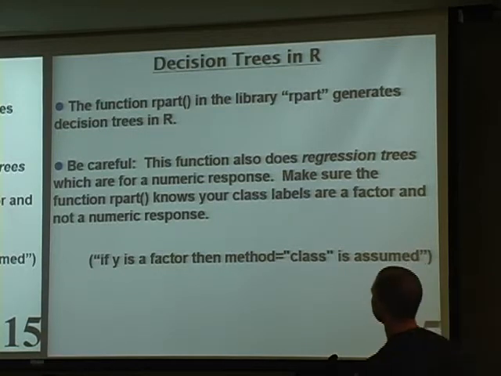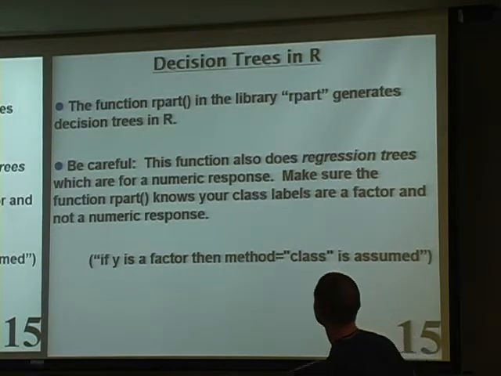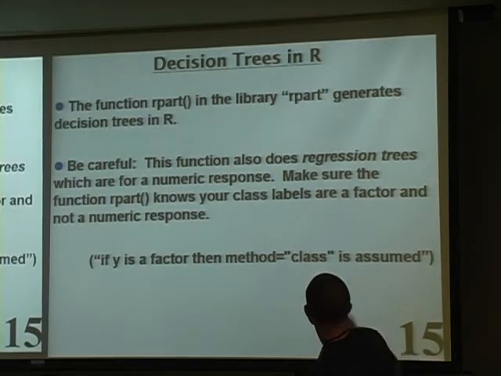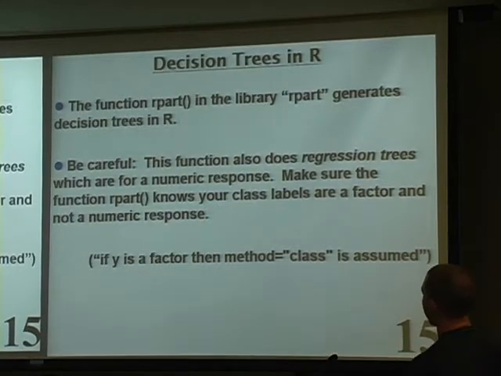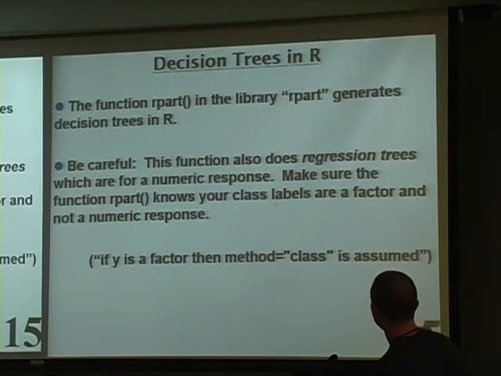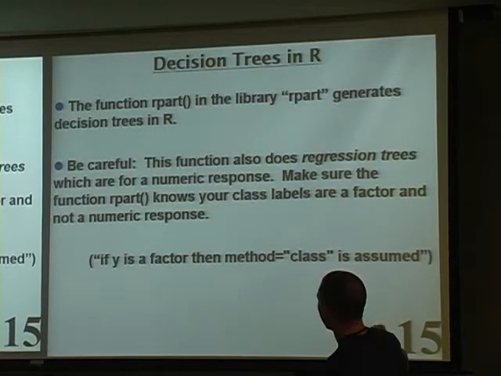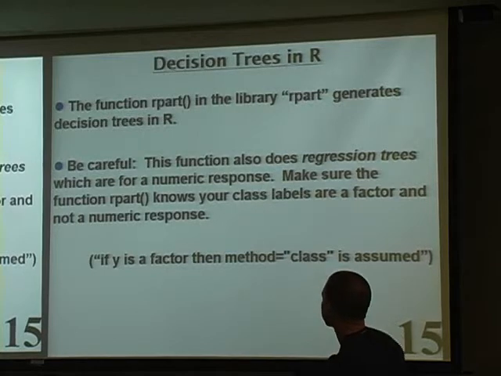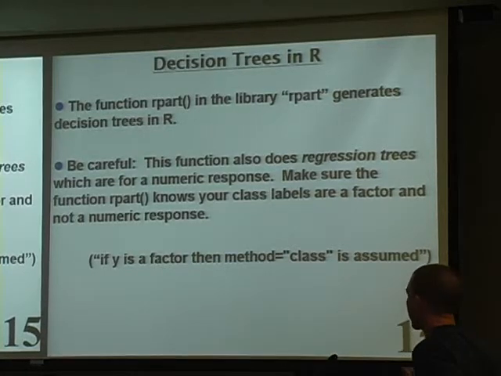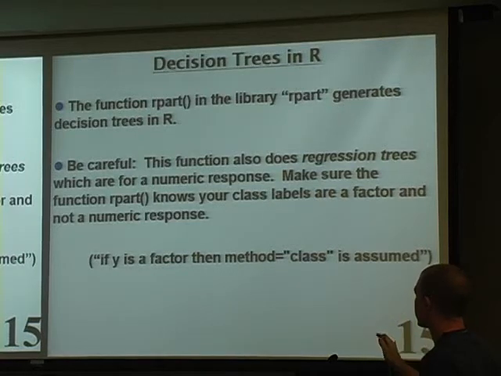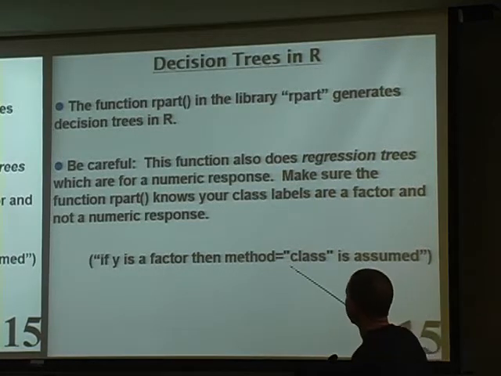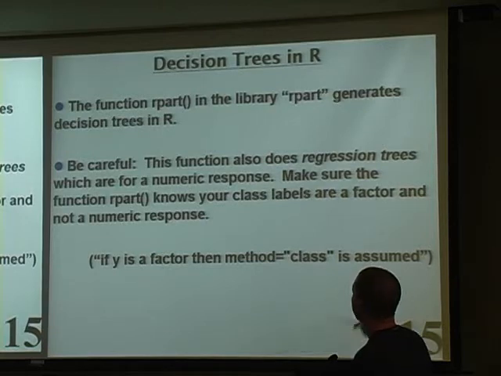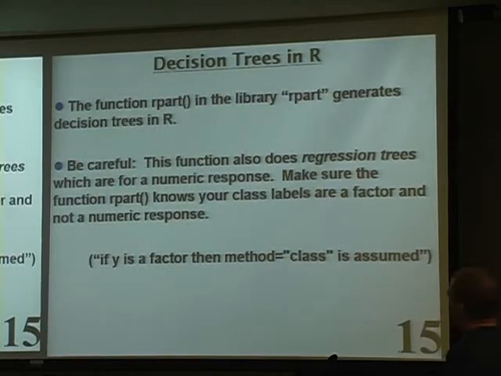But to make sure that you're doing it right, of course, you want to make sure that your y is a factor, so as.factor. And I quoted a little bit of a note here from the help. It says, if y is a factor, then it will assume method equal class. Of course you can force it to say method equal class, but by default it's going to look at what type y is, and if y is a factor, it assumes you're trying to fit a decision tree, which does classification, as opposed to a regression tree, which fits a numeric response.